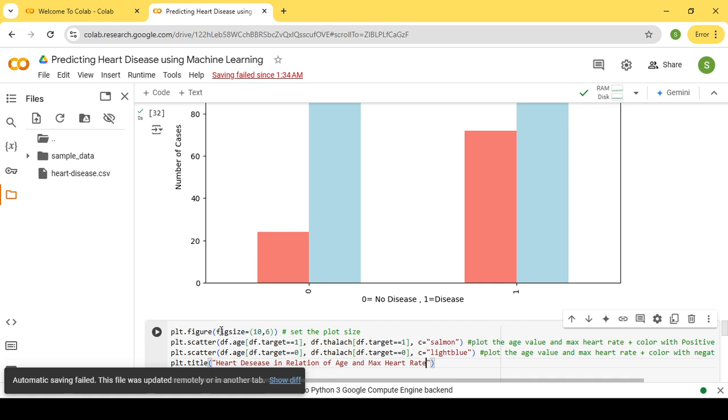Let's close that. Setting the plot title.